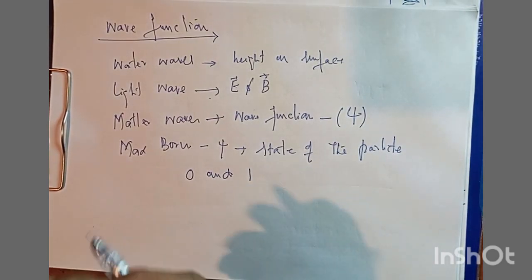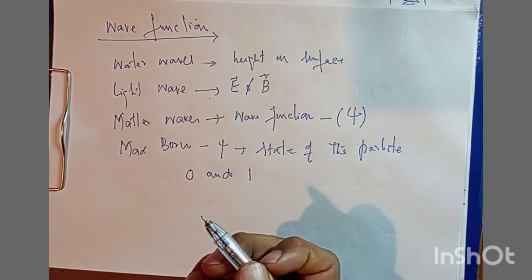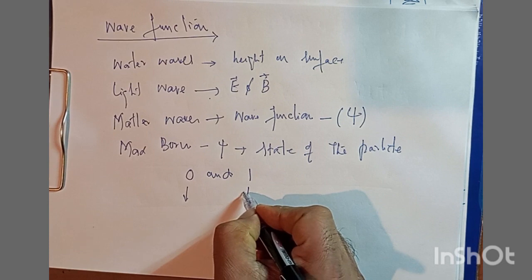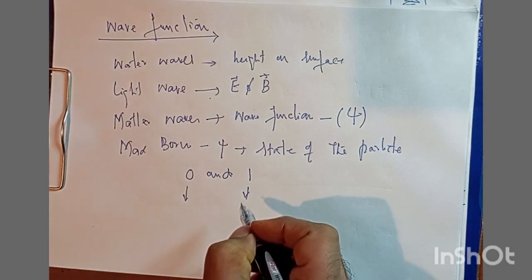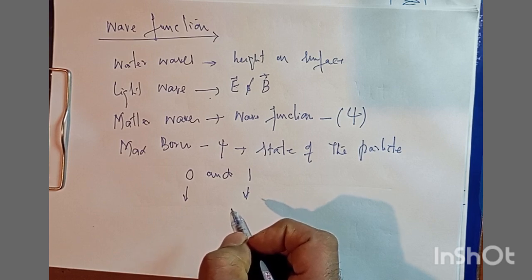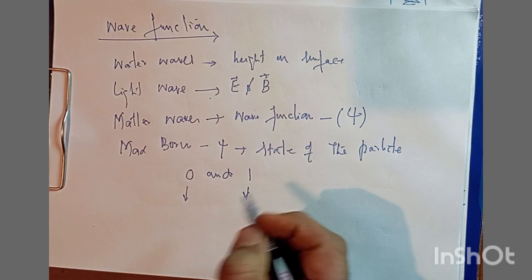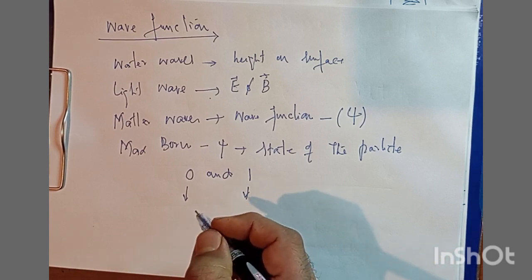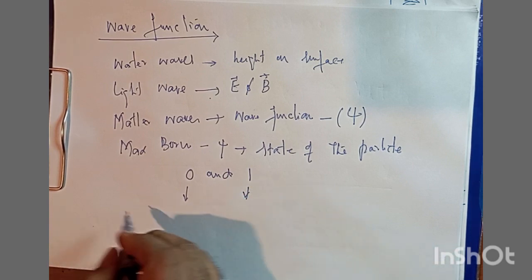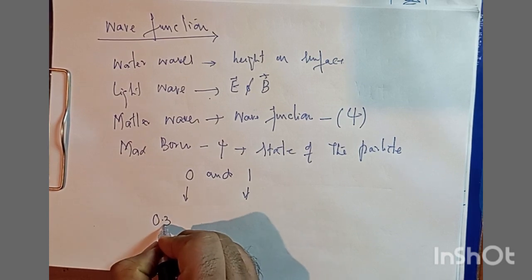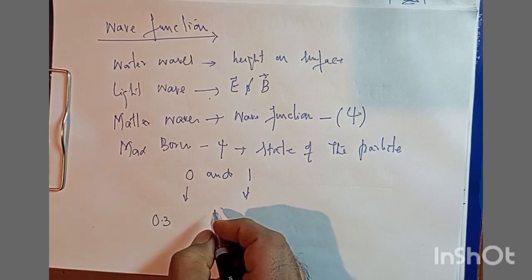The object is definitely not there at 0, and the object is definitely there at 1. These are the two situations that one can think about, right?